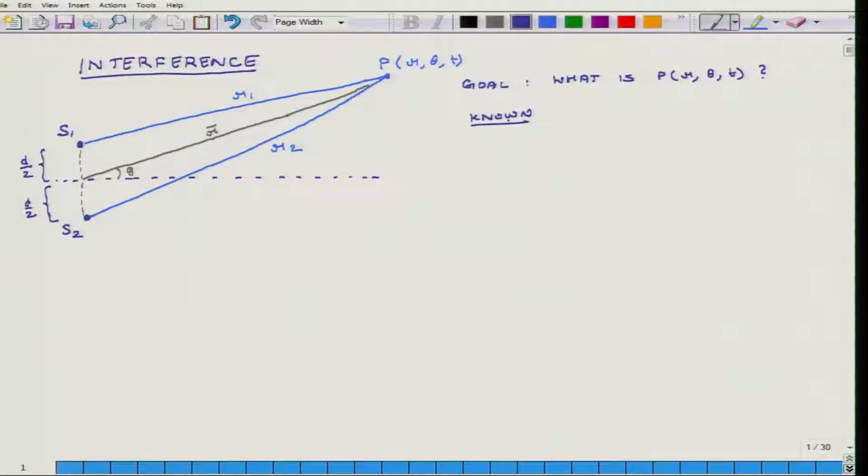What we do know is that the volume velocity of sound source S1 is the same as the volume velocity of sound source S2, and let us call it Vv. Okay, the volume velocity is not shown same, but the magnitude of volume velocity of source 1 and source 2 are the same. So, this is the first thing which is known.